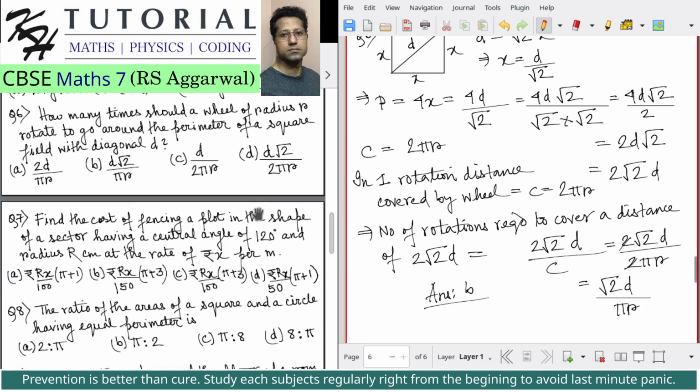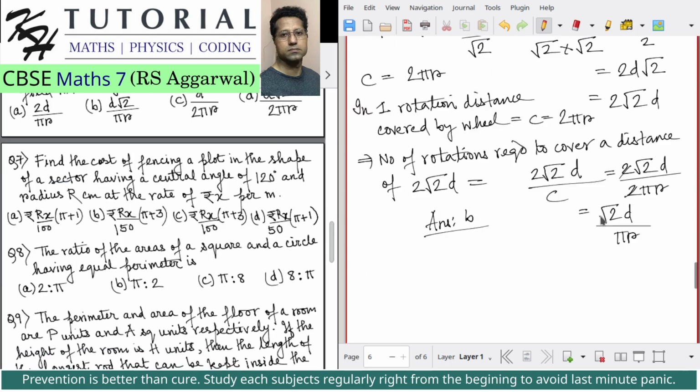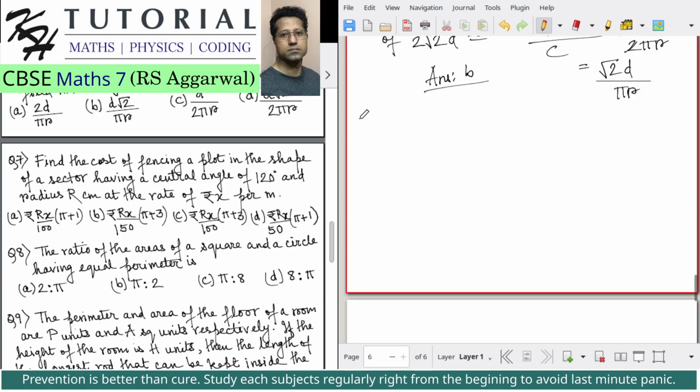Okay, let's do question number 7. Find the cost of fencing a plot in the shape of a sector having a central angle of 120 degrees and radius R centimeter at the rate of rupees 6 per meter.